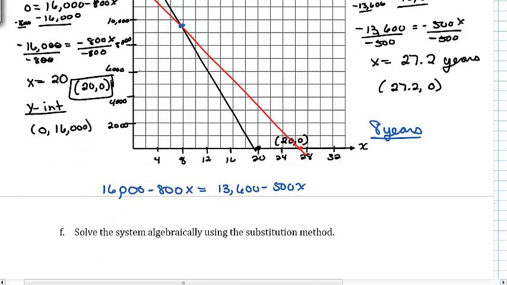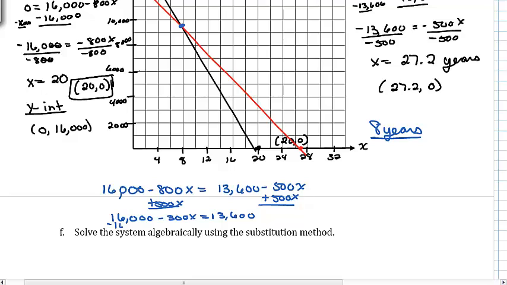So we're going to gather up the x's on the left and the plain old numbers on the right. So I'm going to add 500x to both sides. That would give me 16,000 minus 300x equals 13,600.